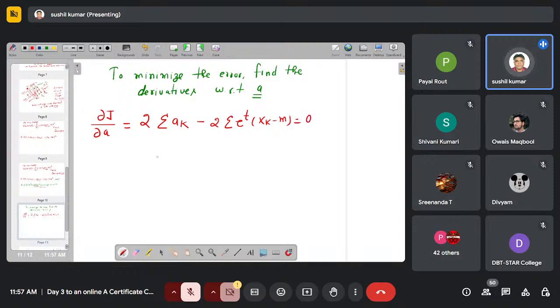Only then you can say yes, this is the optimized. a of k is equal to e transpose (x of k minus m). So this is the equation. You will get it from here.